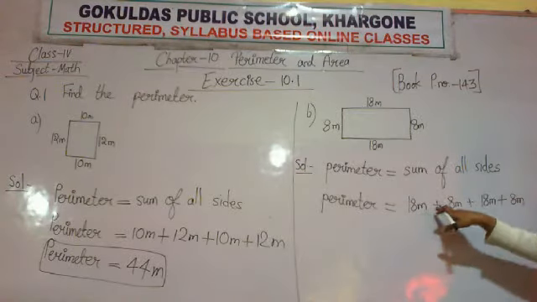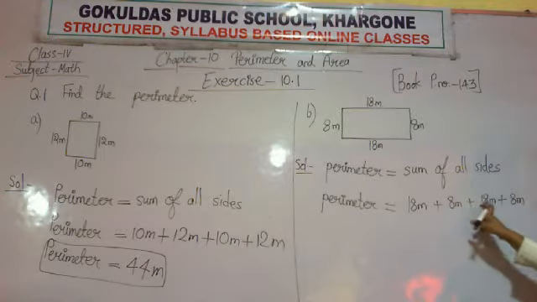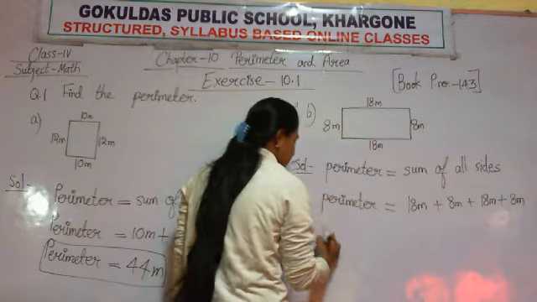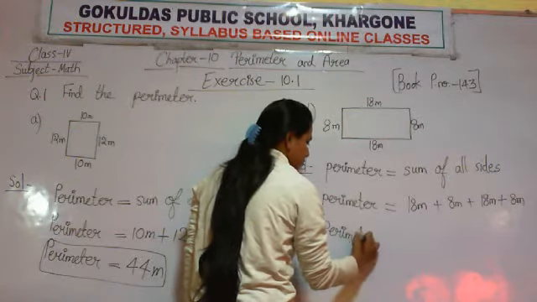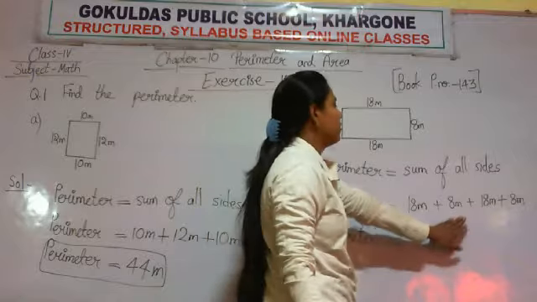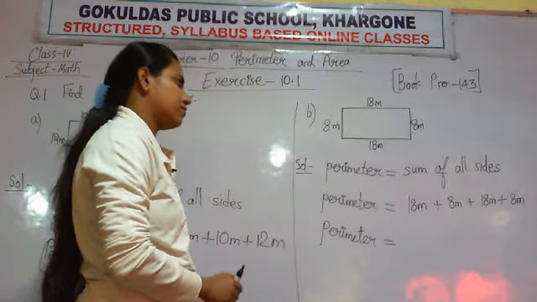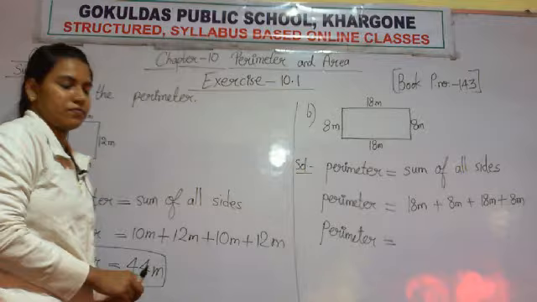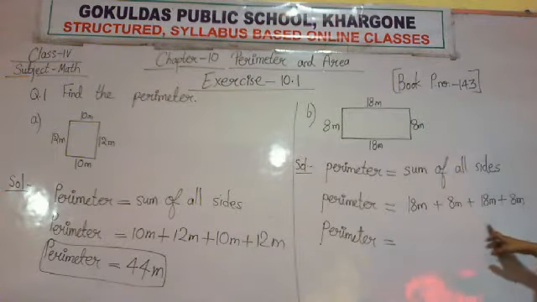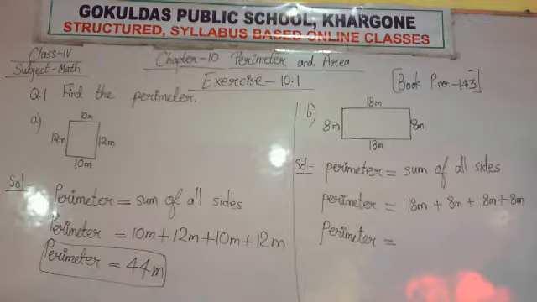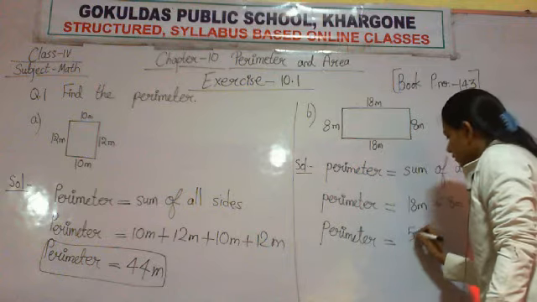Now in rough work, add all four of these numbers to get the perimeter. When we add all these four numbers, we get 52.